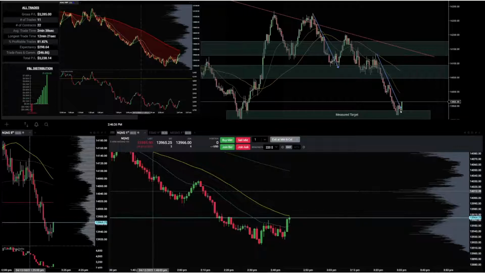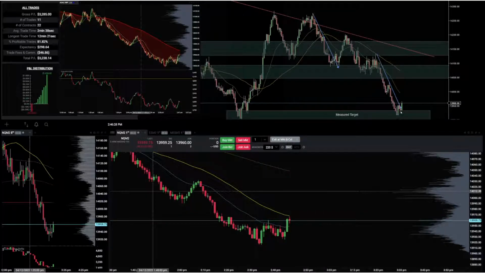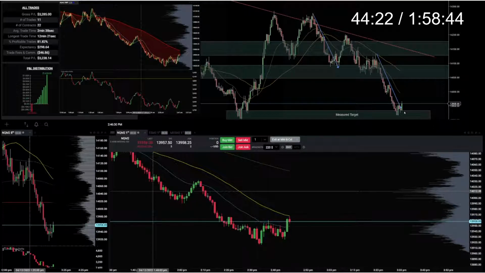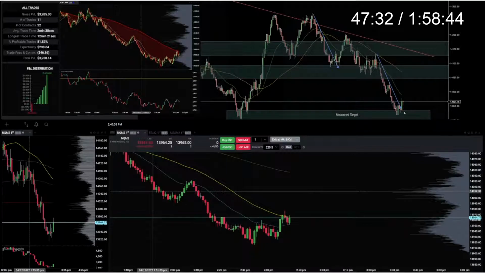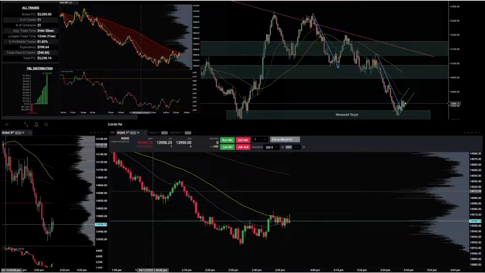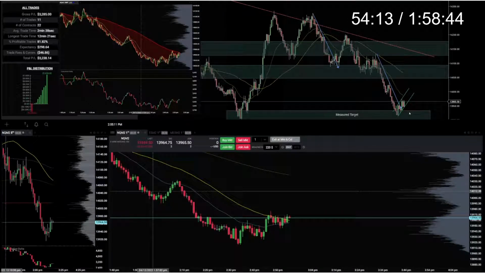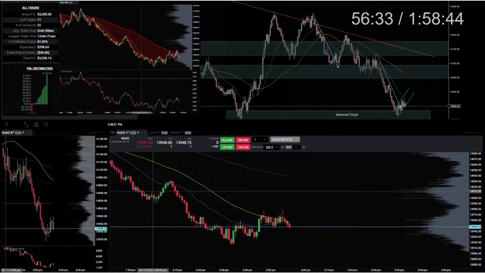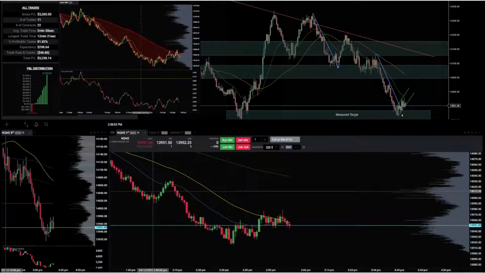They did a pullback, and then it's another jump there. So you're creating a small channel there. This was the first move from that demand zone, right?